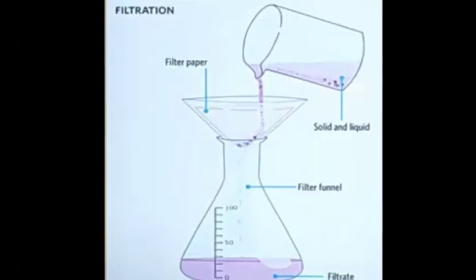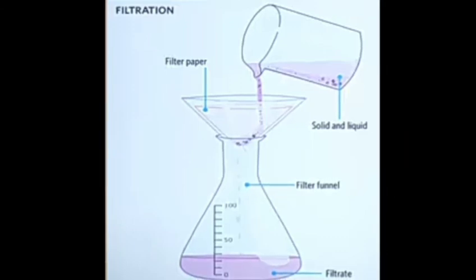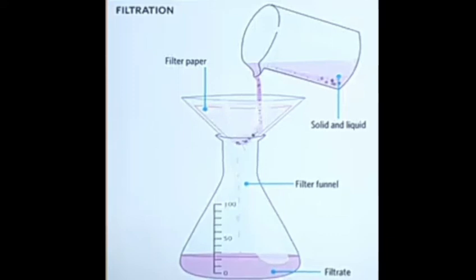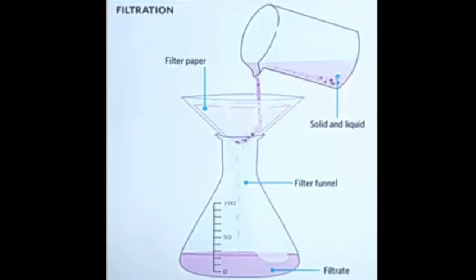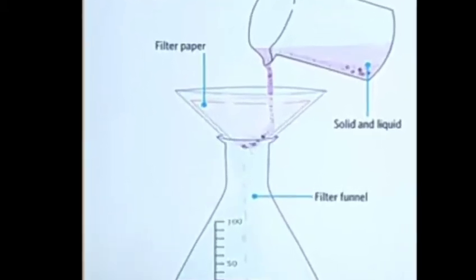And then we have the third, which is filtration, where the water contained in the second beaker is filtered with the help of a filter paper. The fine particles remain on the filter paper and we get pure water in the beaker or the conical flask placed below the funnel.